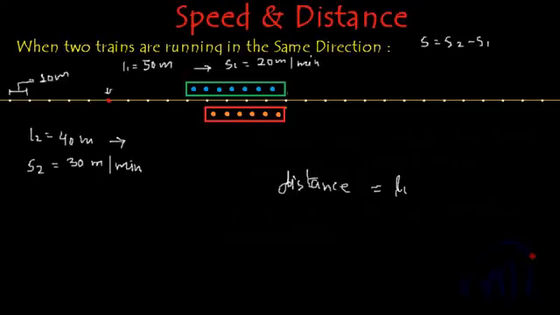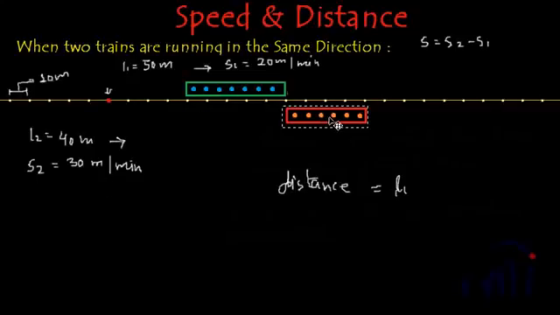And now this red train actually has to travel some more distance and reach here. We are just talking about their relative positions, right? So how much distance is it covering in this process?